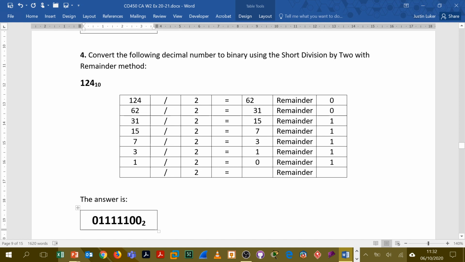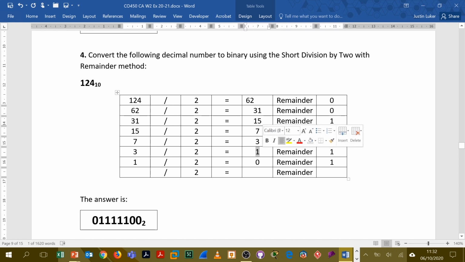So what you're really supposed to do is take this 1, when you get down to 1, you just add that into the number, so you get a little L shape. That maybe is a better way to think about it. I think that's probably it: when you get to 1, stop and use the 1 bit in your remainders here. But because people are thinking about remainders, I carried on and said, well, divide it by 2, and then if it's less than 0, put a remainder there as that 1 bit.